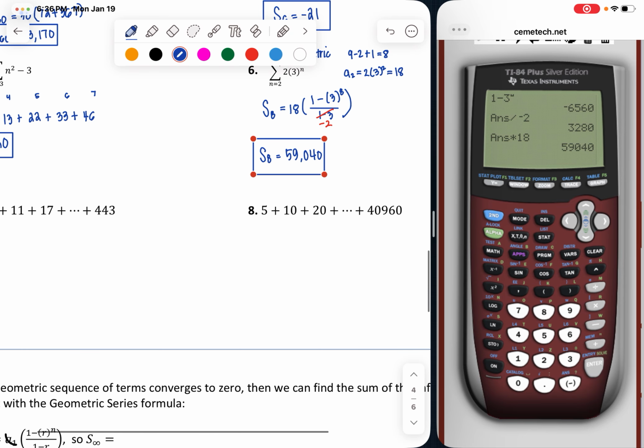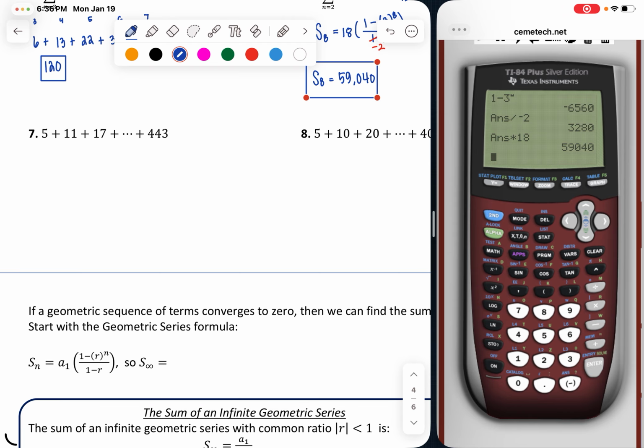All right, so let's move on to the next one. Okay, so the next one's in a different format, right? There is no sigma notation. So we need to approach this differently. Okay, so I'm going to say, all right, is this arithmetic or geometric? There's no rule written, so I'm also going to have to write a rule so I can figure everything else out from there. So if I look here, it's plus 6.